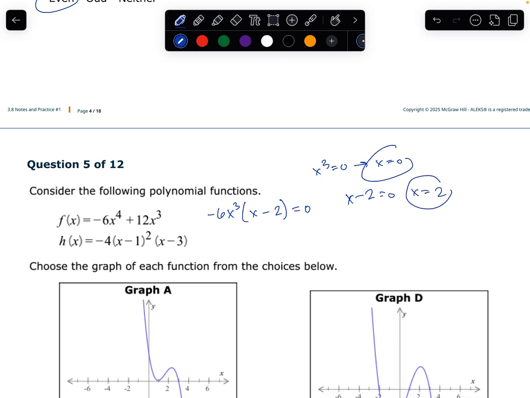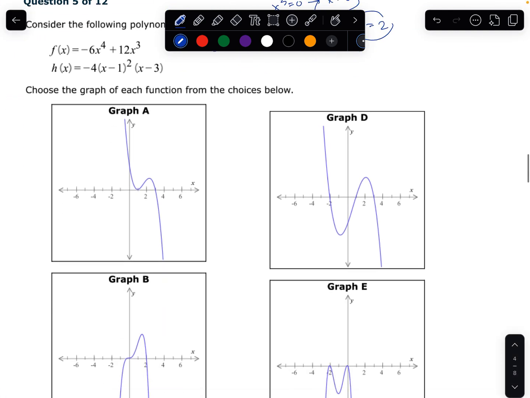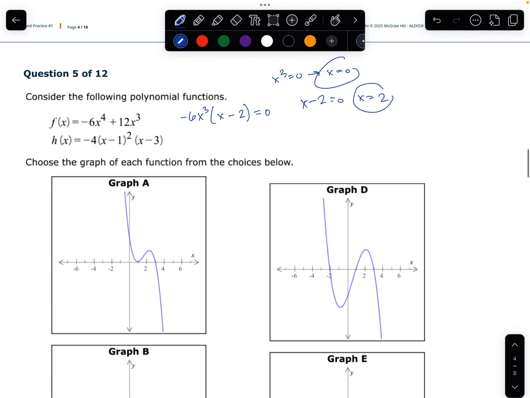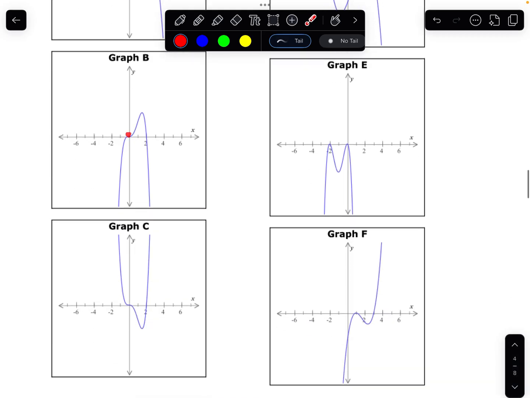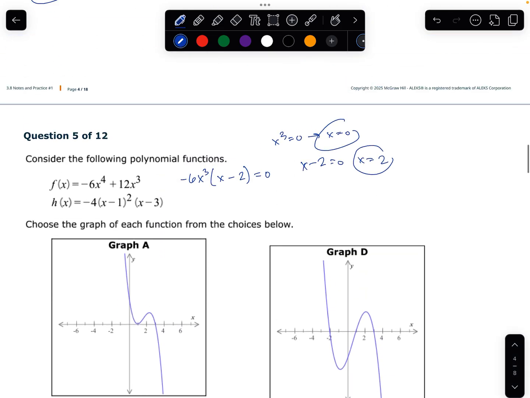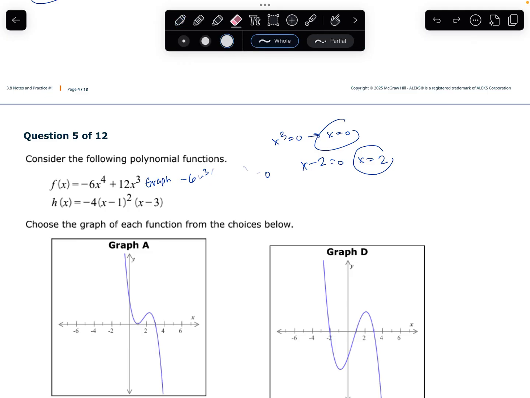So these are my x-intercepts for that graph right there. So which of these two graphs have x-intercepts at 0 and at 2? So there you go. This right here has to be the graph of f of x. And so this one is going to be graph B.